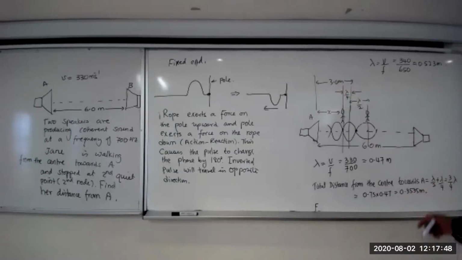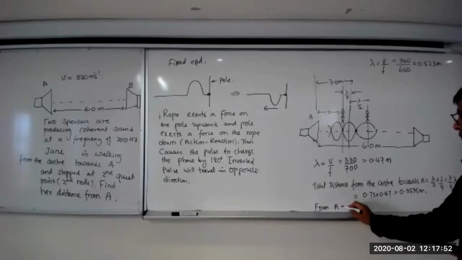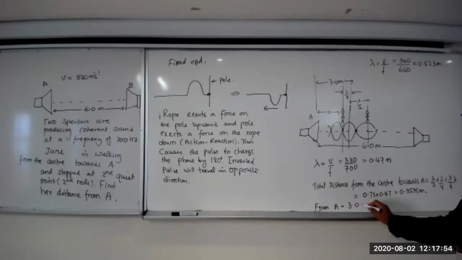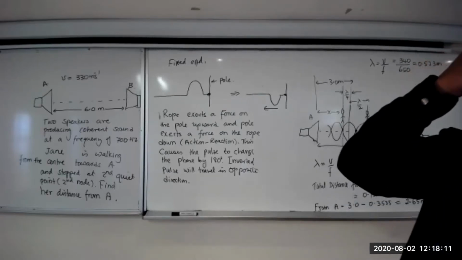So 3 take away that value. So 2.65. Okay. You guys okay to handle those ones?